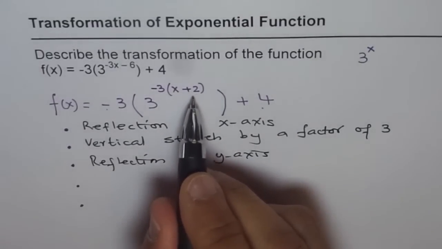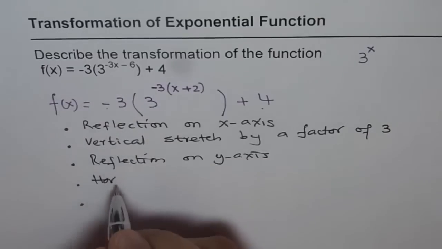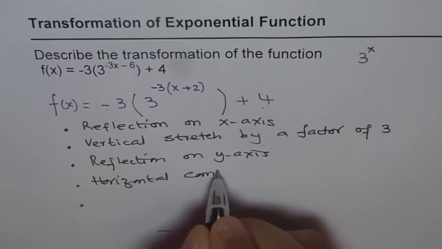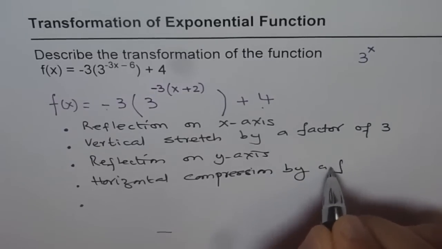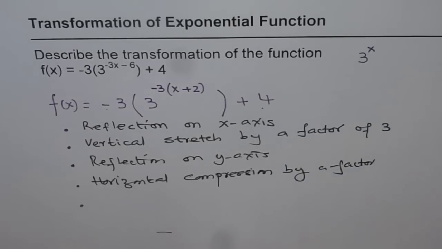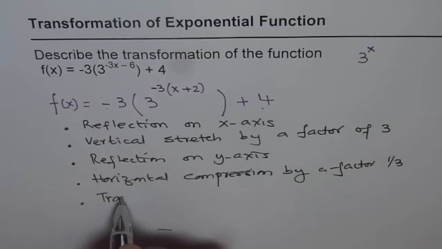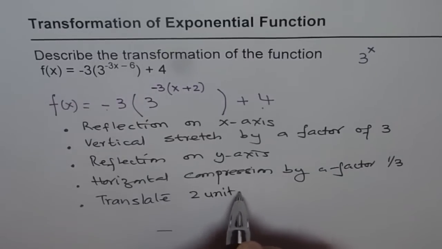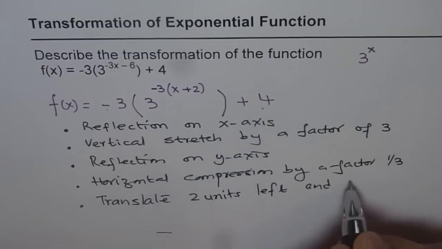And then 3 is horizontal compression by a factor of, and factor is important because you multiply, by a factor of 1 over 3. And then we have two translations. First one is translate 2 units left, and then 4 units up.